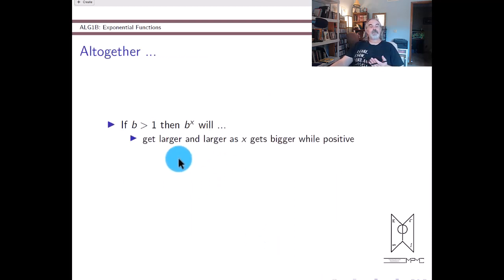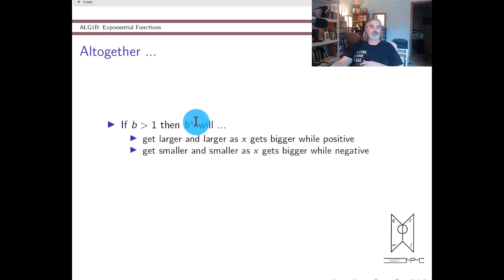Okay, trends that we're going to look for. If you have an exponential function b to the x, like 2 to the x, if the base b is already bigger than 1, then when you start stacking it up with higher and higher powers in the exponent, the result is going to get larger and larger and larger. Now, if you start looking at negative exponents, like that example of 5 to the negative 2, that was 1 over 25, right?